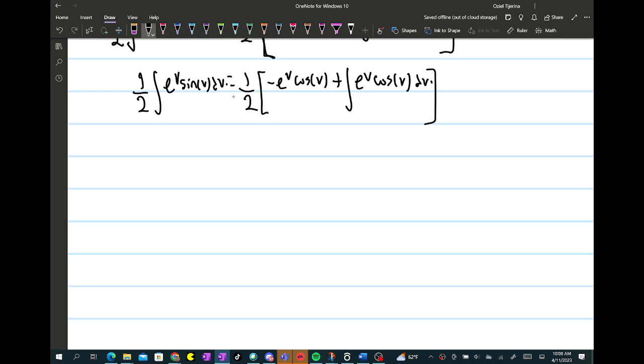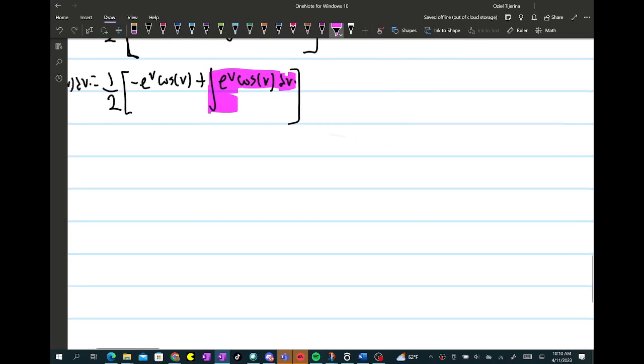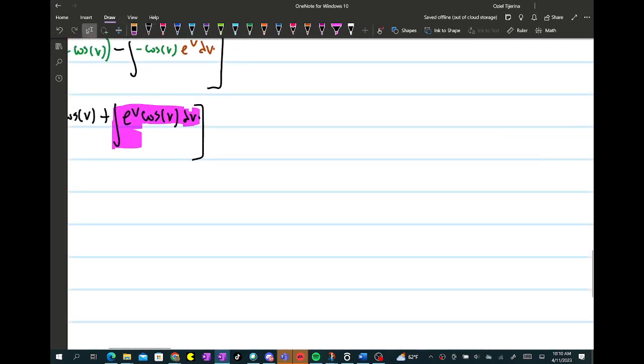But let's see here, one second. Okay, so now I'm going to integrate this part, and this part we're going to do again. So we're going to do the integral of e to the v cosine of v now.